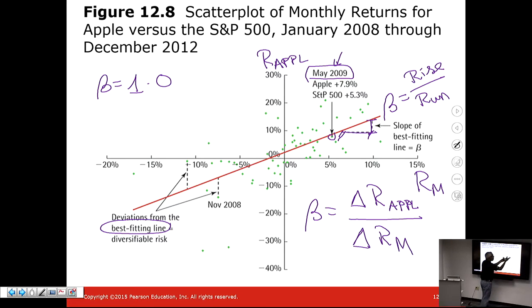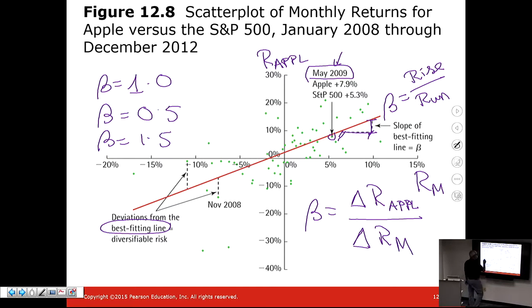If beta measured out to be 0.5, it would mean that if market return changes by 10%, stock return would change by 5%. And if beta is 1.5, it would mean if market return changed by 10% up or down, then the stock return would change by 15% up or down.